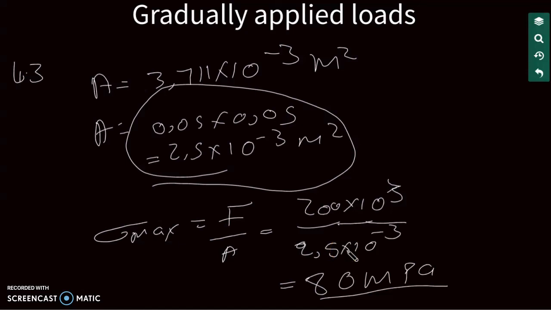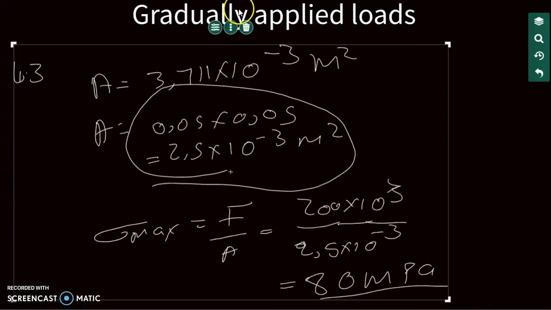We go to question number 4.4. They say calculate the total strain energy for the member. Strain energy is equal to half F times change in length.